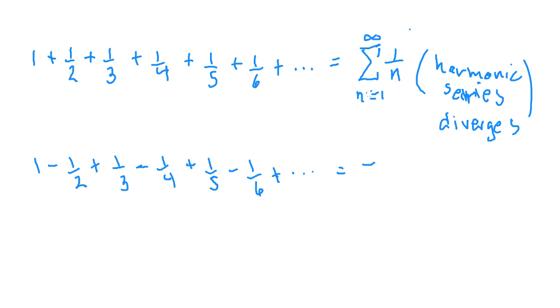So this almost looks like a harmonic series, except the terms are alternating from positive to negative. Sometimes we call this an alternating harmonic series.